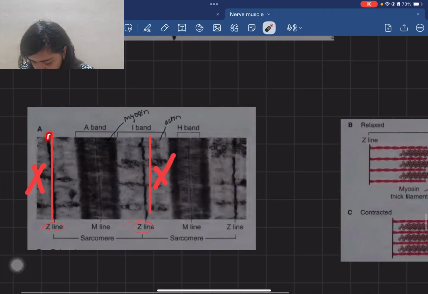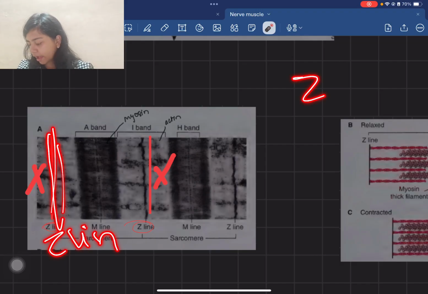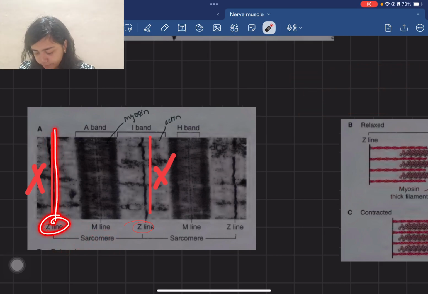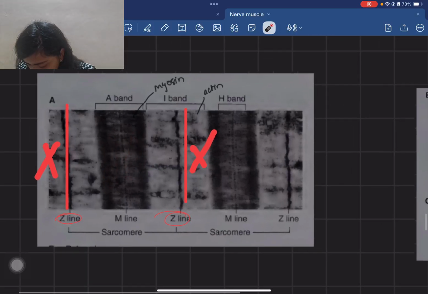Basically there's one Z line. If I band is also included then it becomes ZIAHM, but mostly questions came on ZAHM. So for this, Z line, then I band, then A band comes, then in the A band the non-overlap portion, meaning H zone, comes, and your M line comes.